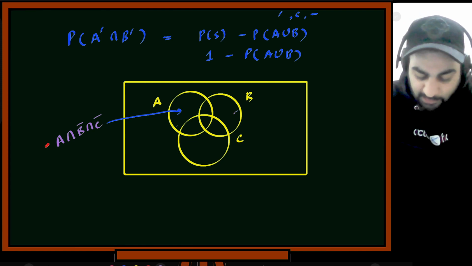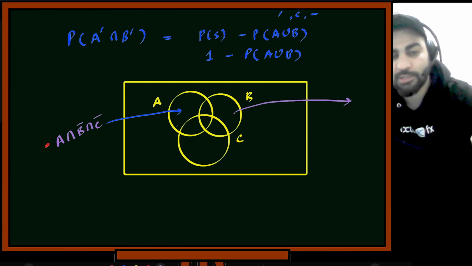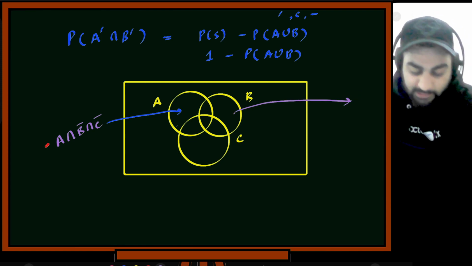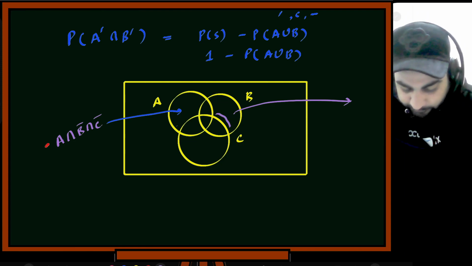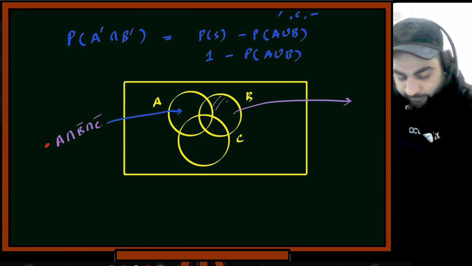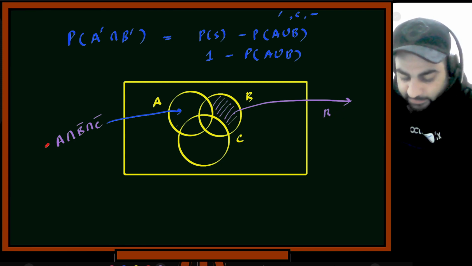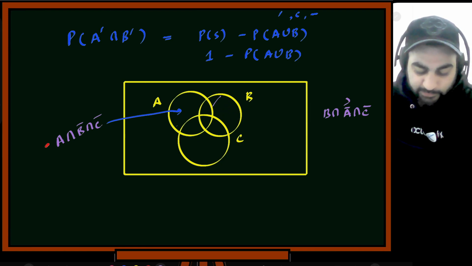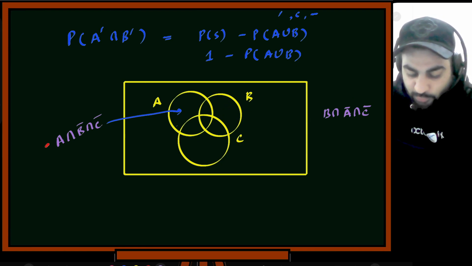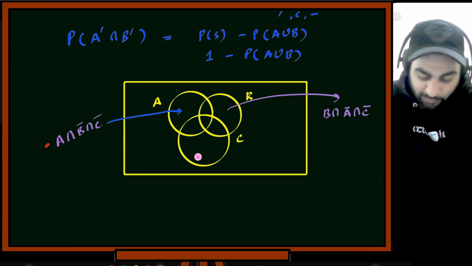So what about this portion then? I'll ask Amir. I need this portion. B intersection C and A complement. Yes, this portion. Okay, what about Rian? What about this?